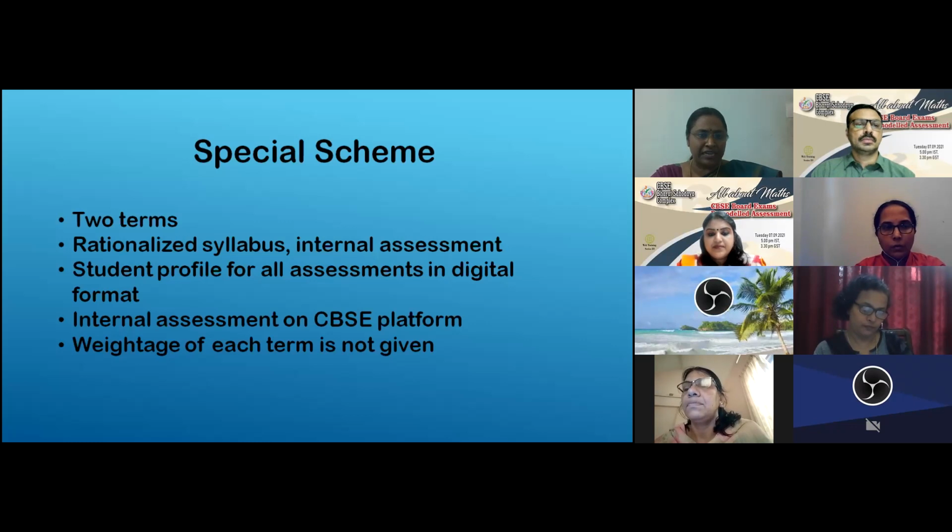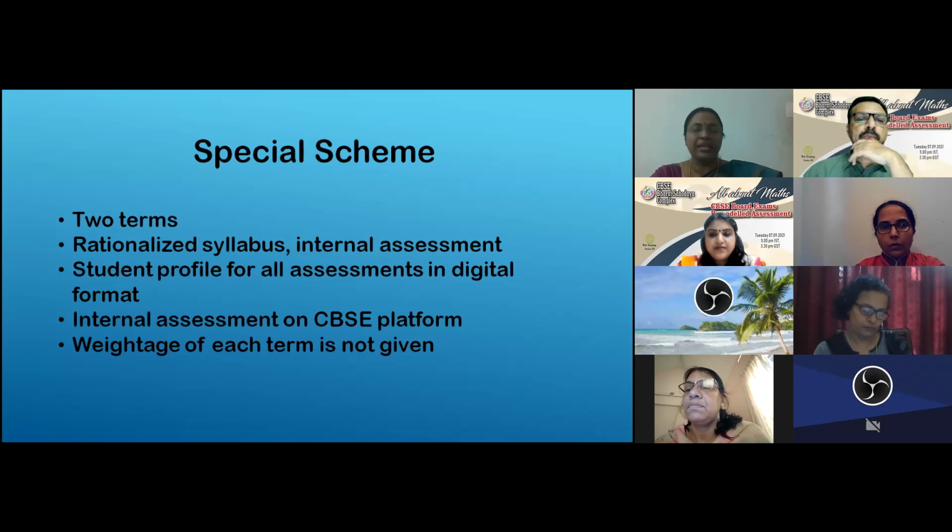After that, they have given the third point, student profile for all assessments in digital format. Because this year, when they wanted to ask us for the assessments and all, we had a problem that we didn't keep together the profile of the student, otherwise the portfolio of the child. We didn't keep all this with us. It was all hard copies as usual.